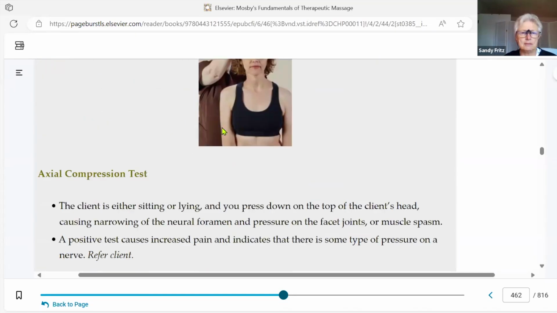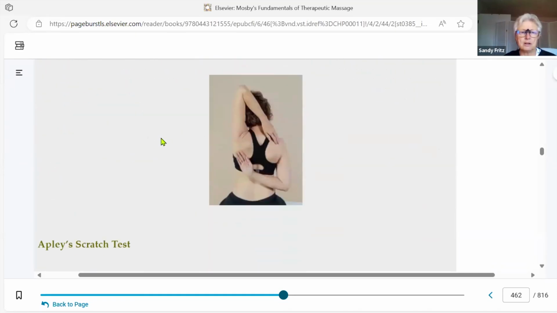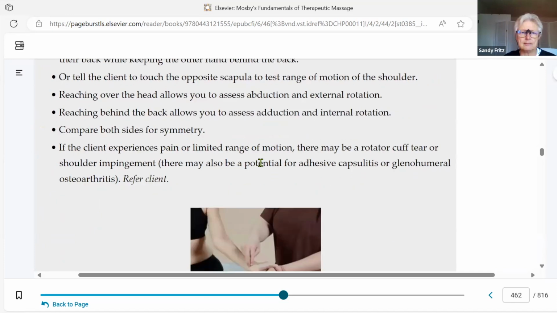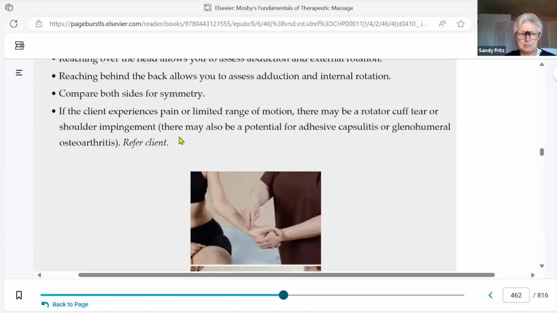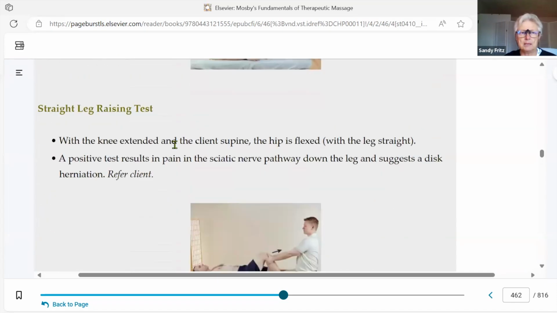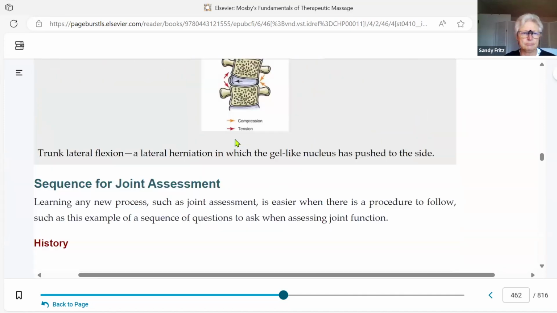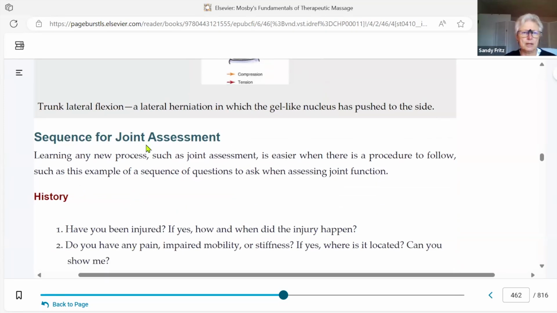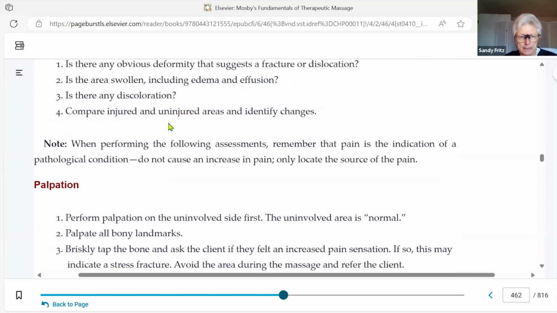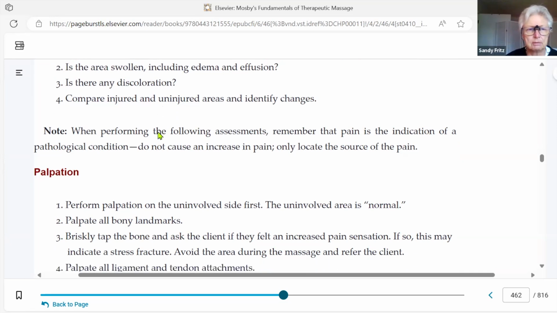So these here, discomfort or asymmetry, a lot of asymmetry, would be an indication for a referral. And then here is a sequence here for joint assessment. So again, this is a slow down, pay attention.